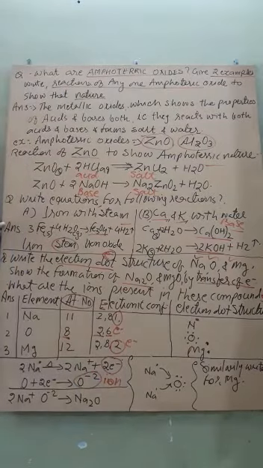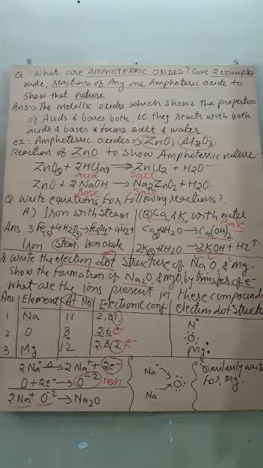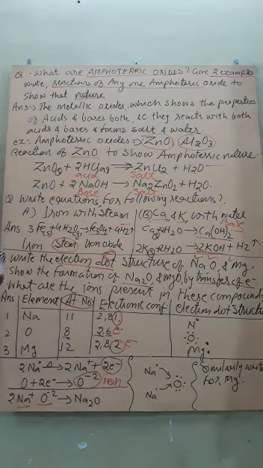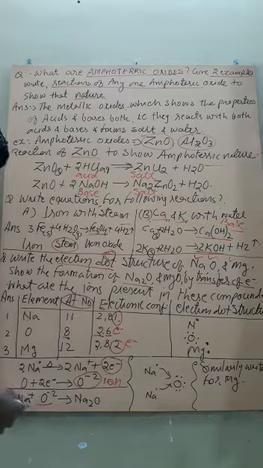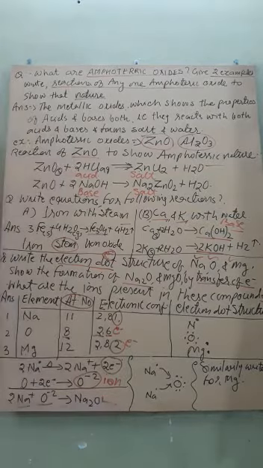Now the cation and anion will come close. You know how the ionic bond is formed? The ionic bond is formed when cation and anion come close and attract each other. Such a bond is called an ionic bond. So the 2 positive sodium cations and 1 O2- anion react and form an ionic bond.